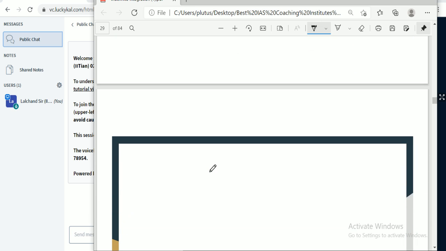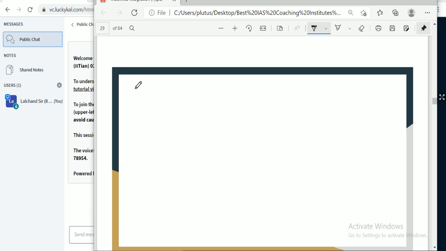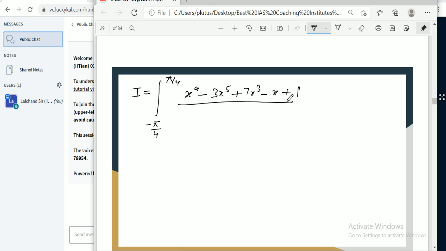Okay, let us try to solve one more problem, that is I equal to the integral from minus pi by 4 to plus pi by 4 of (x to the power 9 minus 3x to the power 5 plus 7x cubed minus x plus 1) divided by cos square x dx.